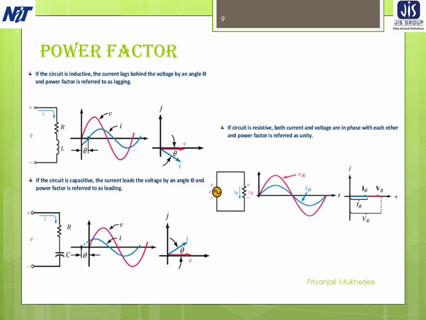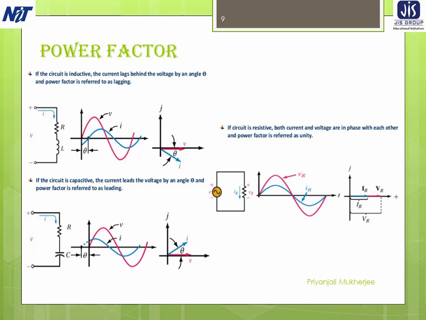So what are the power factors for these three types of circuits? One is pure R, then RL, and the RC circuit. If we consider the circuit to be resistive, that means it contains only resistance, then due to the supply the current flowing through the circuit is also sinusoidal in nature, and here the voltage and current are in the same phase.